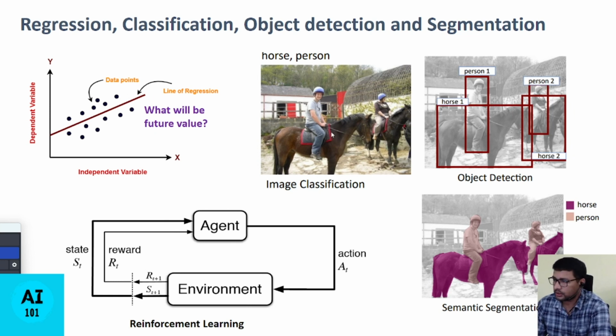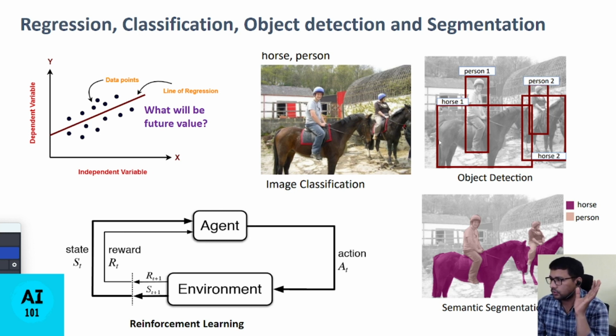In the classification problem, we just try to identify whether our object of interest is present in our input data or not. Right? So there is no localized information. For example, in this whole image, we cannot identify where the position of the person or horse is. Right?